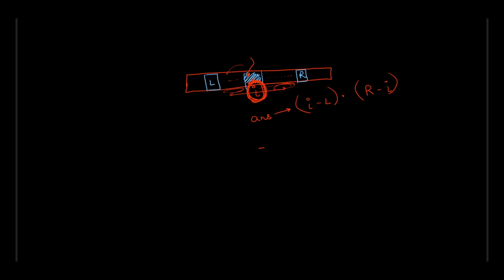Why is this I minus L? Because you know the length of an open-closed interval, because this is open-closed, you can include this I but you cannot include this L. Because this is a boundary, it violates the condition. So this is B minus A, not B minus A plus 1. So this will be the contribution of this particular element.